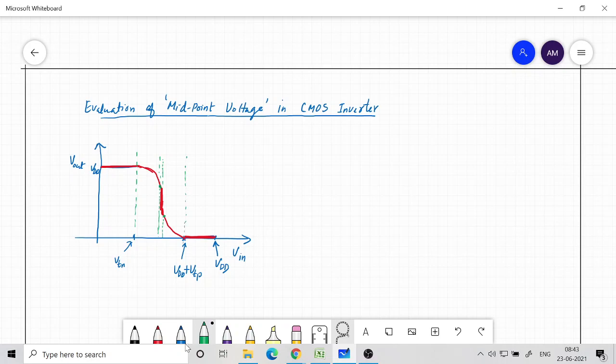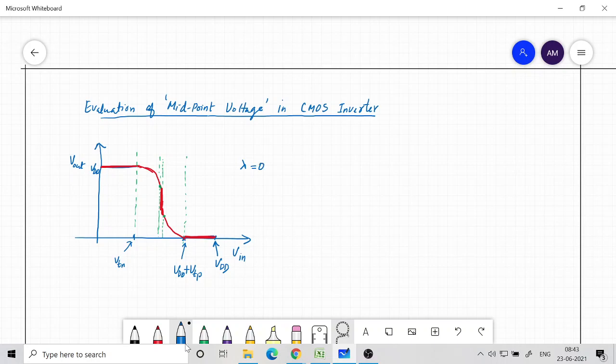Okay, so this is when lambda is equal to 0. So let me just state that lambda is the channel length modulation parameter. In SPICE you write LAMBDA. Okay, so we took it to some 0.03 or something like that in the experiment, but if you keep it 0, you will see that here in the middle region it is going to look vertical. Okay, so lambda is taken as 0.